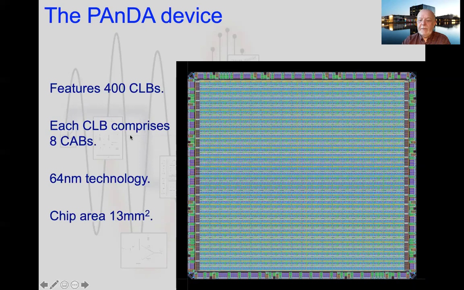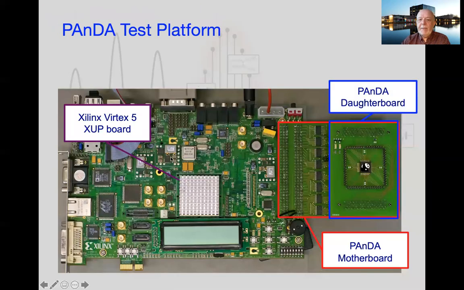Okay, so that was the device. How do we use it? Well, of course, you get shipped a chip, and that's all you get. So there's quite a lot of infrastructure needed when you design a chip to actually get it working. The way we did it is we had a standard Xilinx FPGA motherboard, which was connected to a PC, where all the programming went on and was downloaded.